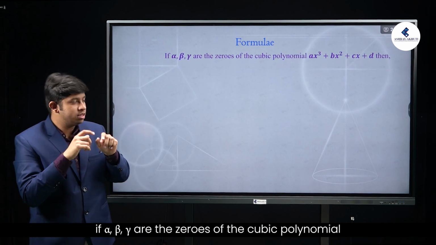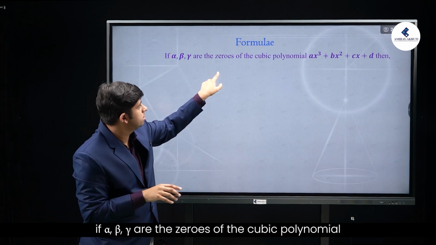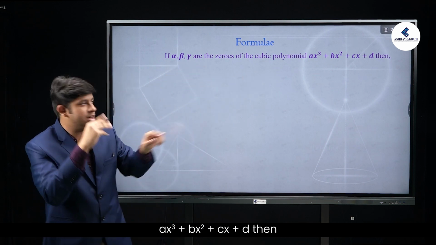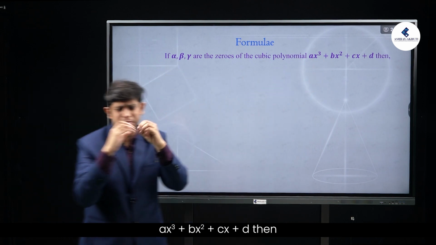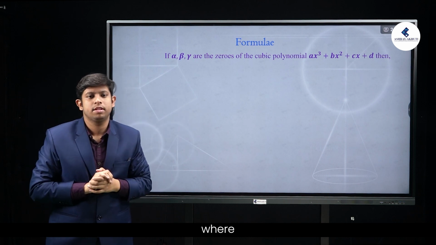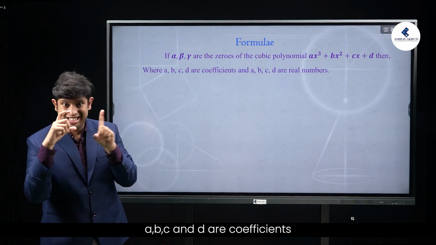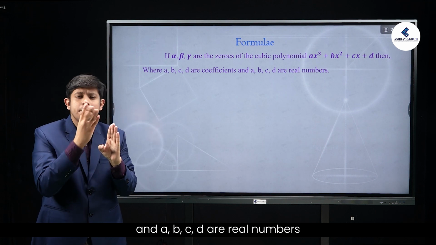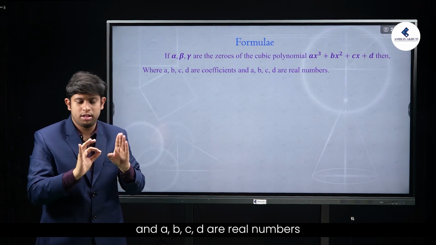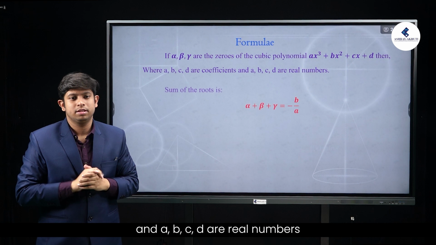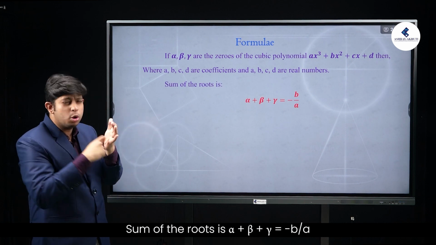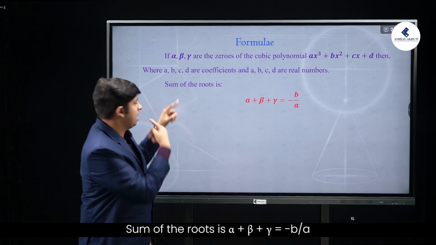If alpha, beta, gamma are the zeros of cubic polynomial ax cube plus bx square plus cx plus d, where a, b, c and d are real numbers, then sum of the roots alpha plus beta plus gamma is equal to minus b by a.